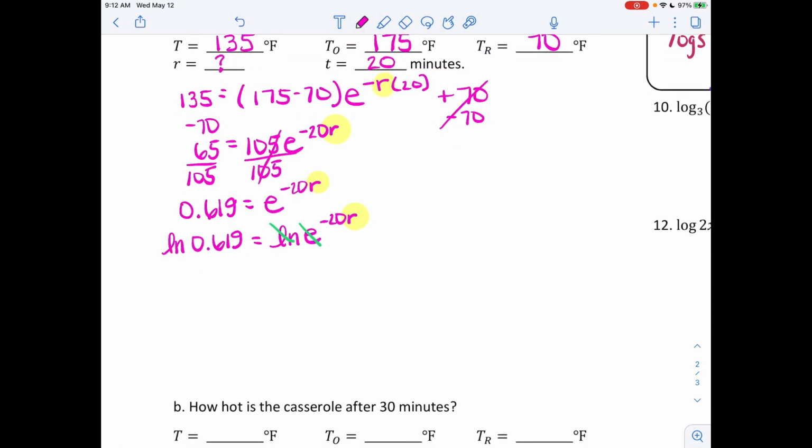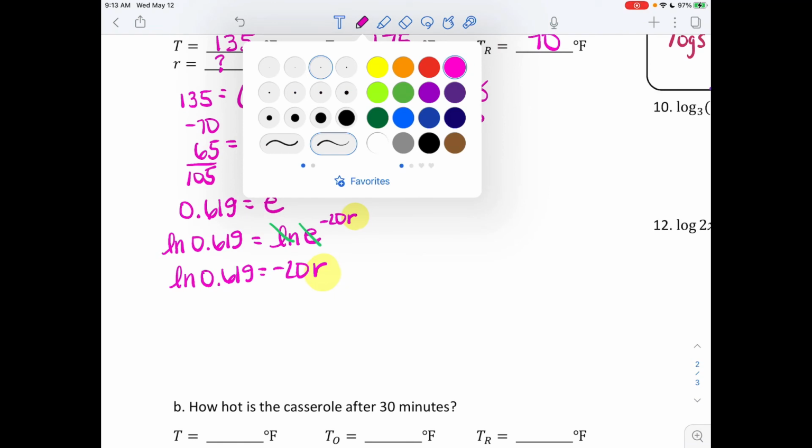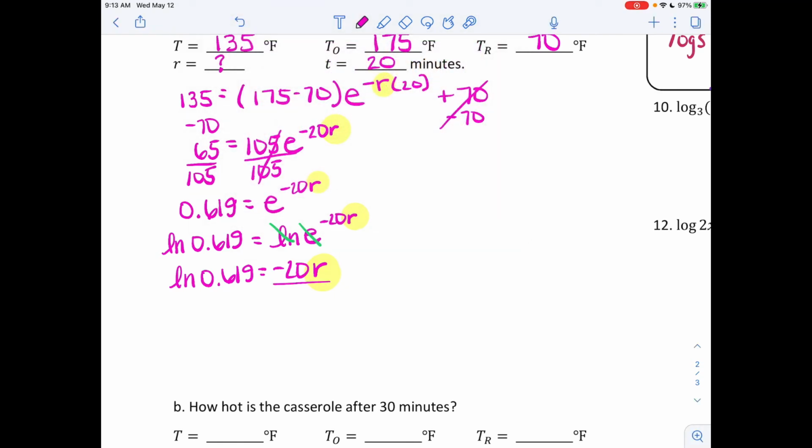So I can say natural log of 0.619 is equal to negative 20 times r. And now I'm really super close here. I just need to divide by negative 20 on both sides to get r by itself.